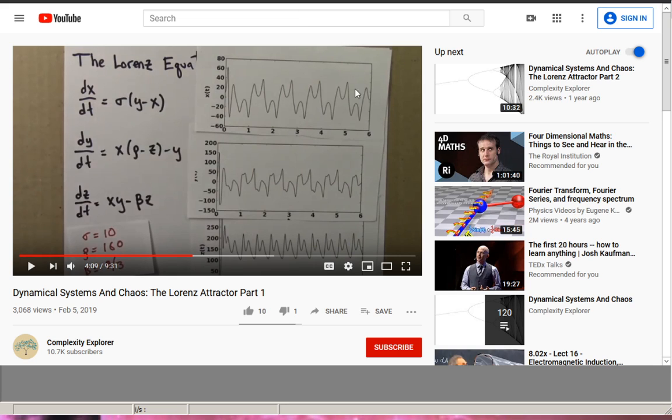You could do an amplitude over time, like a sine wave. But the C value, why is that even in there?